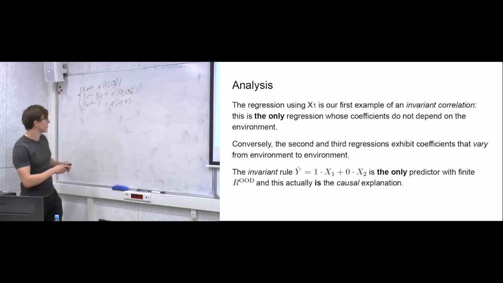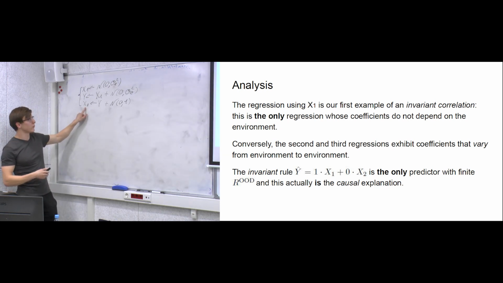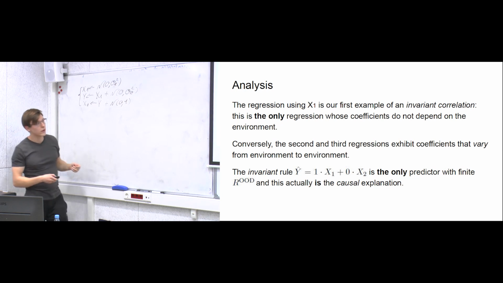Because, as I said, we can vary this structural equation. And if we have a testing environment which has a very high x2 variable, we will have infinite error, infinite loss. You see?